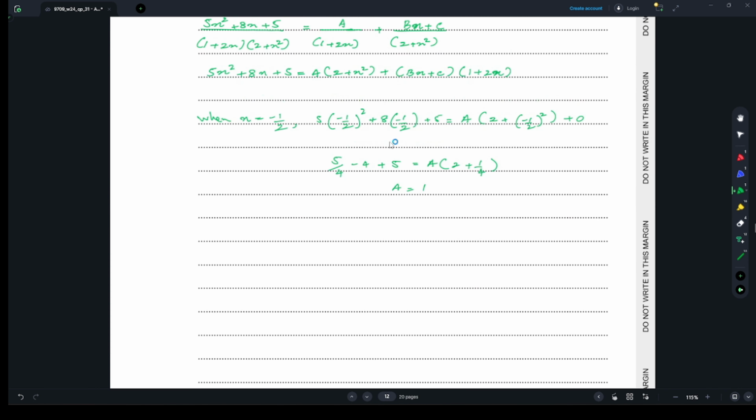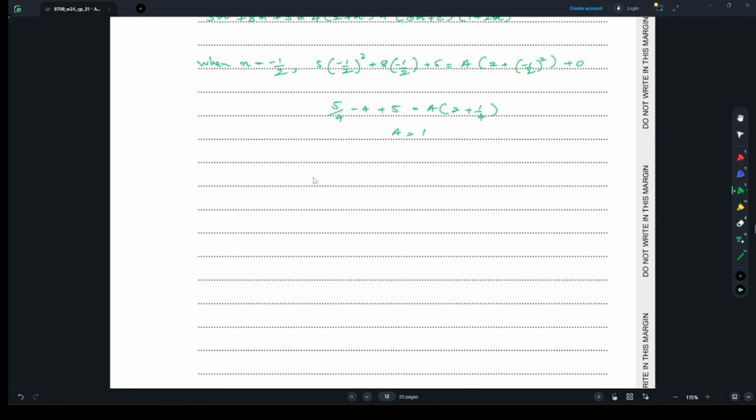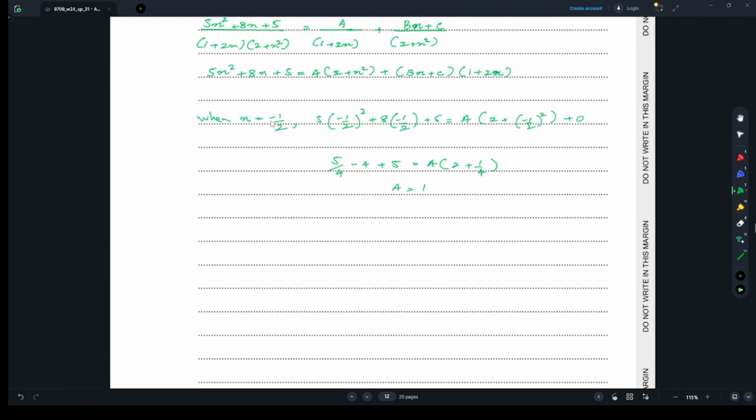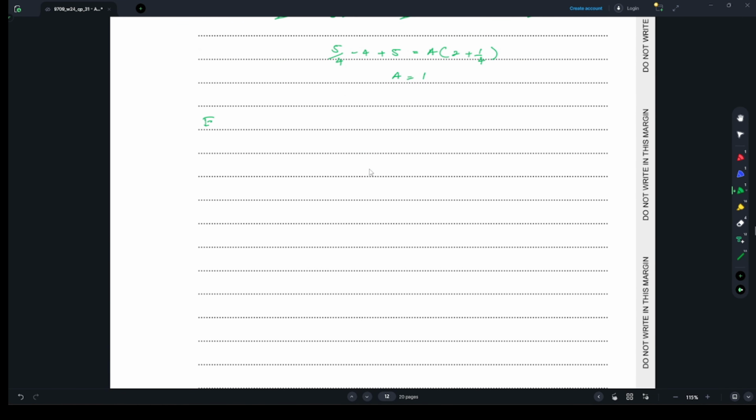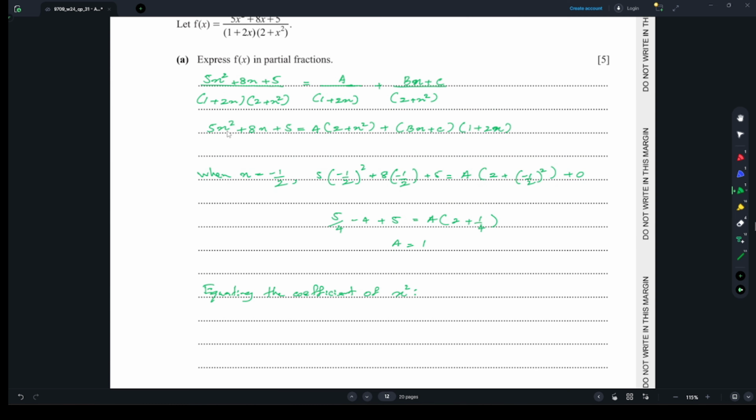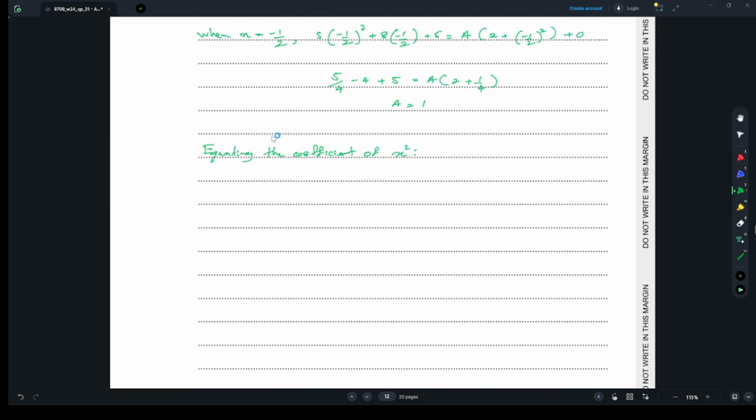Okay, then you can equate coefficients. So equating the coefficient of, let's say, x squared. In the left side, the coefficient of x squared is 5.